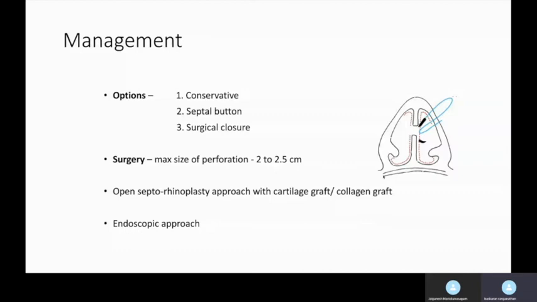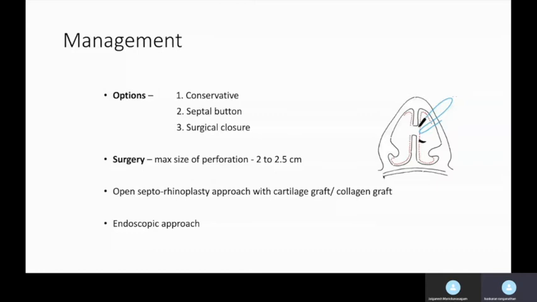Commonly, we use conchal cartilage interposed between these two septal flaps. That's a traditional way of doing this surgery with a good success rate.